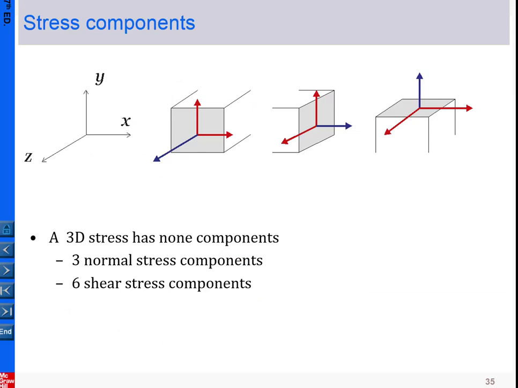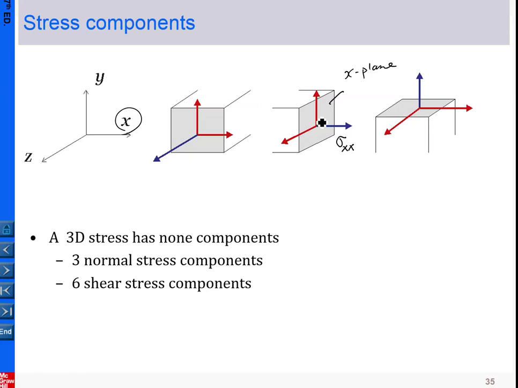We can have more exercise here. We start by saying this is our x plane. Per our coordinate system, it has a normal in the x direction, so we call it the x plane. Per our symbols, this is the normal stress, and we use sigma, x plane, pointing to the x direction.